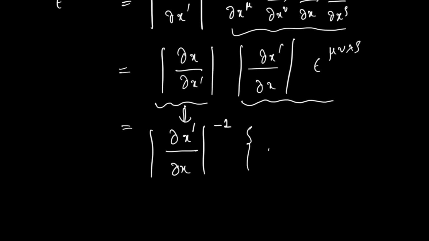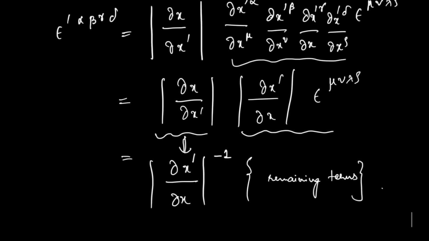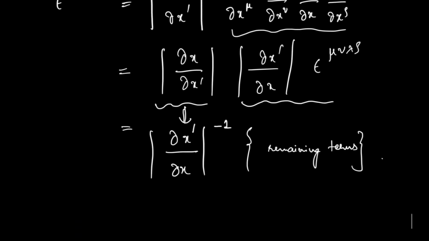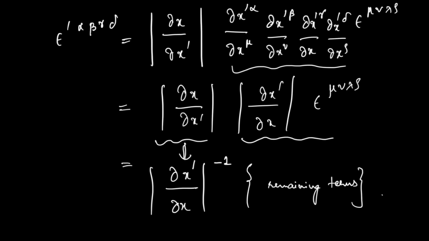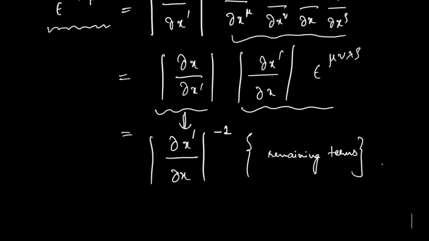Then the remaining terms. So in other words, I can say that the contravariant Levi-Civita tensor density must transform as a tensor density of weight -1.